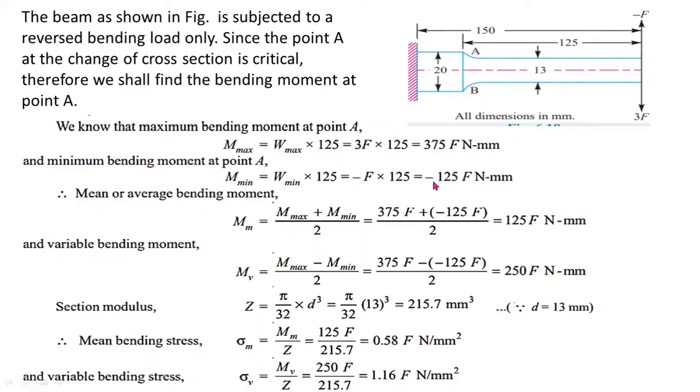Already we know that mean bending moment equals maximum bending moment plus minimum bending moment by 2.